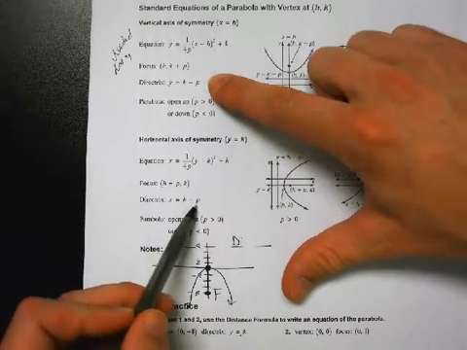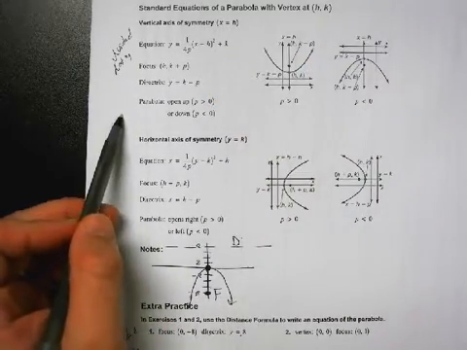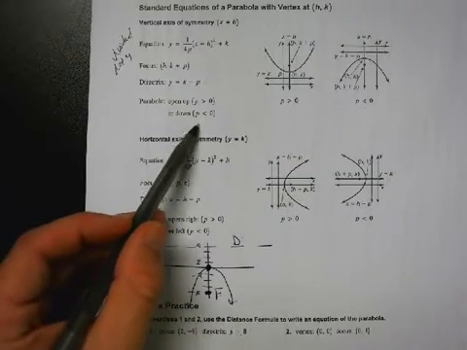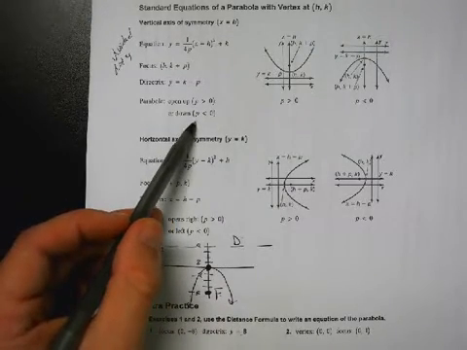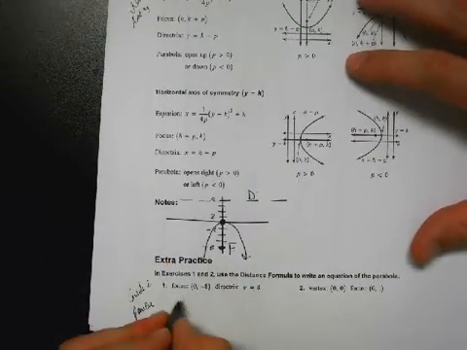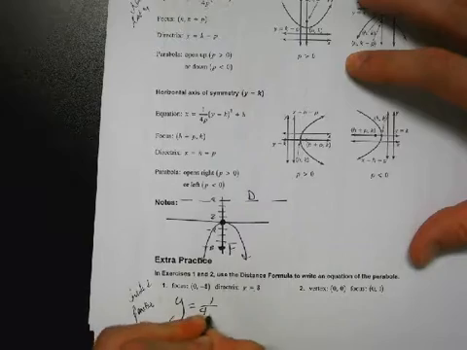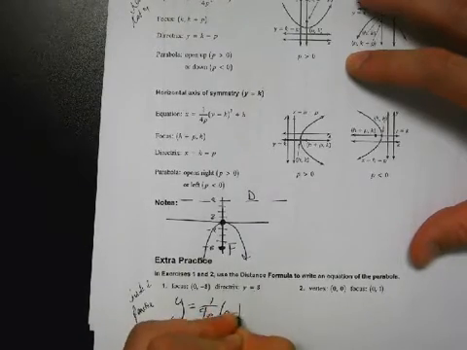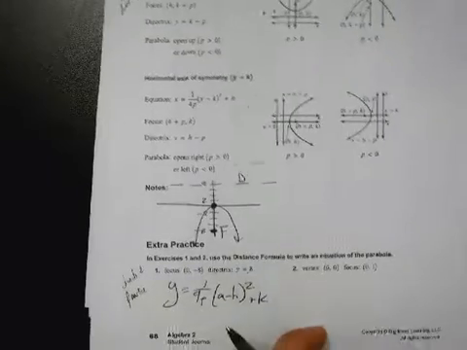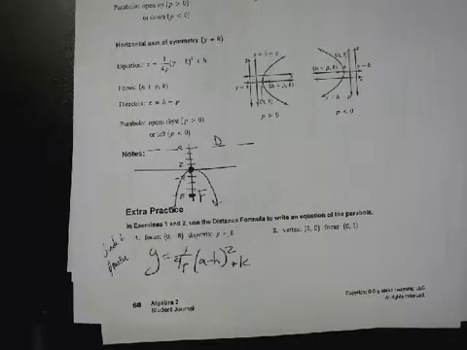Then we have a parabola that's opening down, so we know our p-value has to be less than 0. Let's go ahead and figure out all of these numbers. I'm going to write my equation down here to start us. It is y equals 1 over 4p, (x minus h) squared plus k. There's my rule, and now let's go ahead and substitute in what we know.